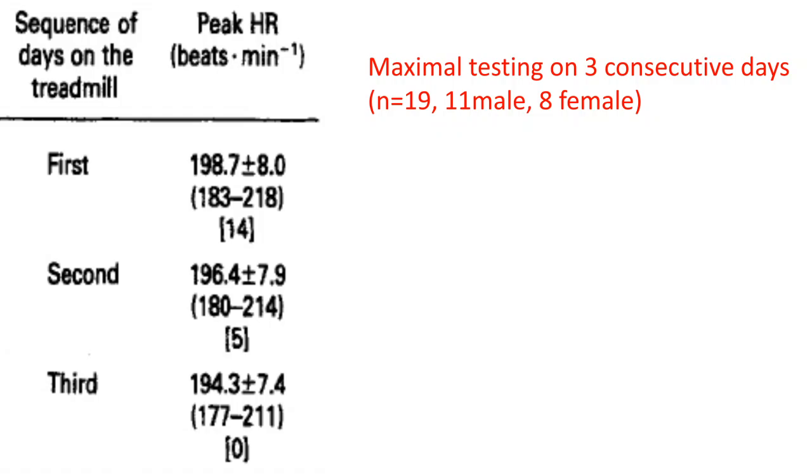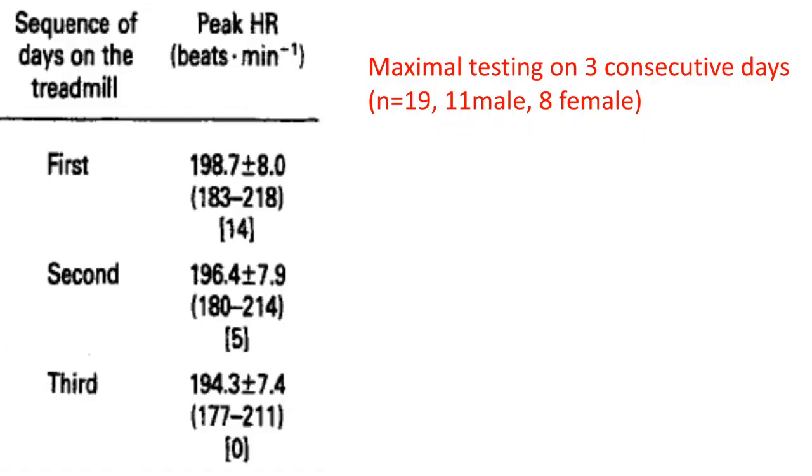And what they saw was when they had athletes come in, here we had 19 highly trained cross-country skiers, both males and females. They came in on 3 consecutive days and tested. And what you see is actually across just 3 days already a clear decline in their average maximum heart rate.